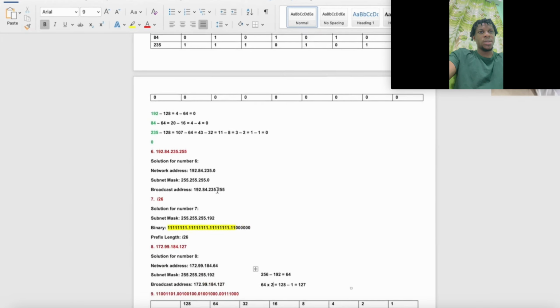Solution for number 6. Network address, subnet mask, broadcast address. It's already written out from the previous table. Let's look at the answers from the previous table.